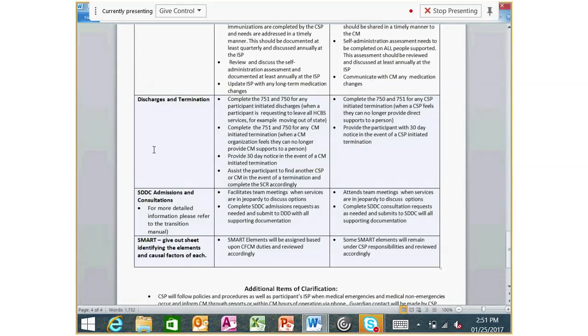So on the CSP side, the only time that a CSP would be submitting the notice and summary to the division would be if there is a CSP-initiated termination.